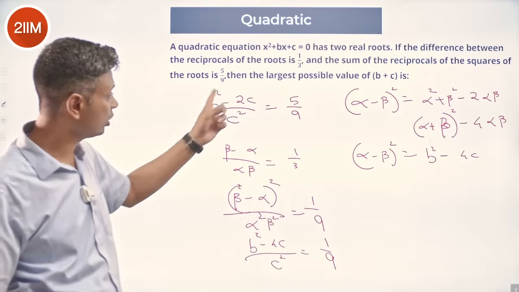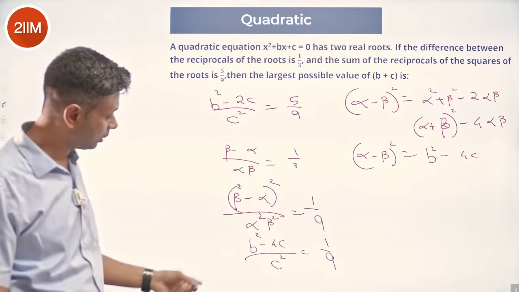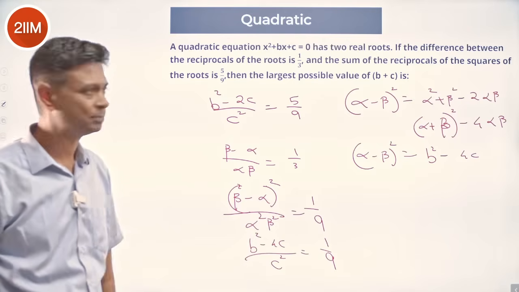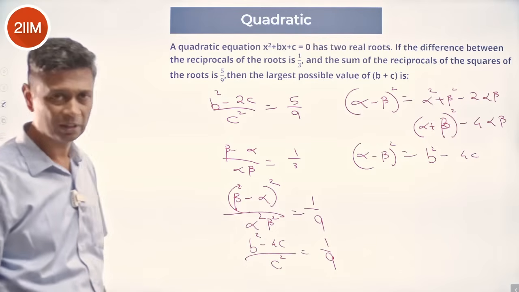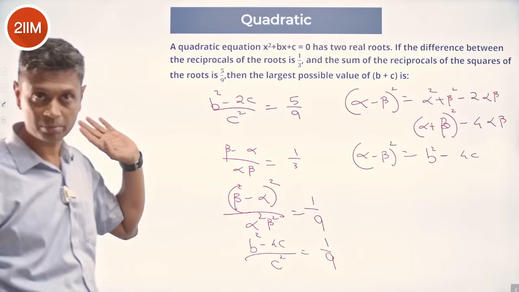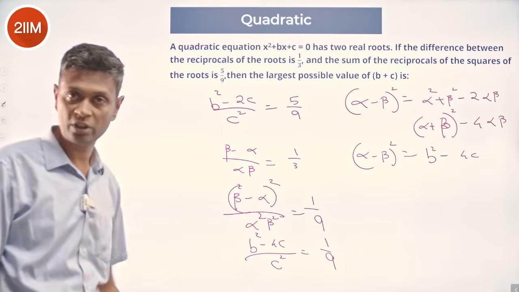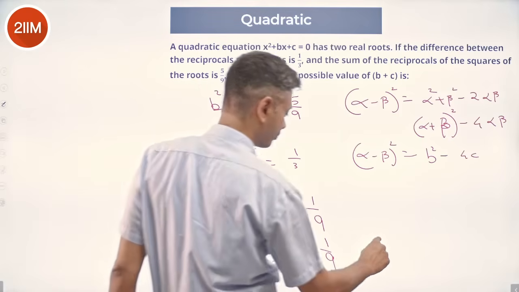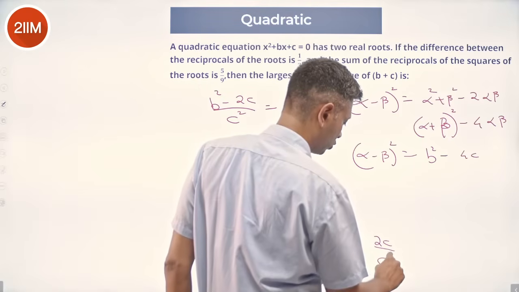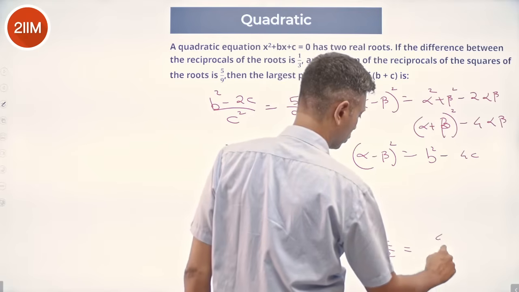B square minus 2c by c square is 5 by 9. B square minus 4c by c square is 1 by 9. I can subtract one from the other, and the b square term will disappear. So I have b square minus 2c minus b square plus 4c by c square, or 2c by c square equal to 4 by 9.